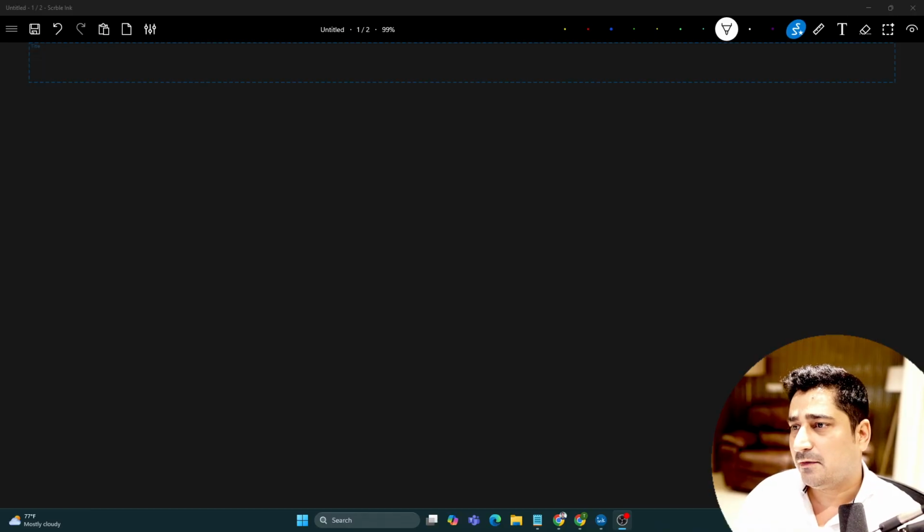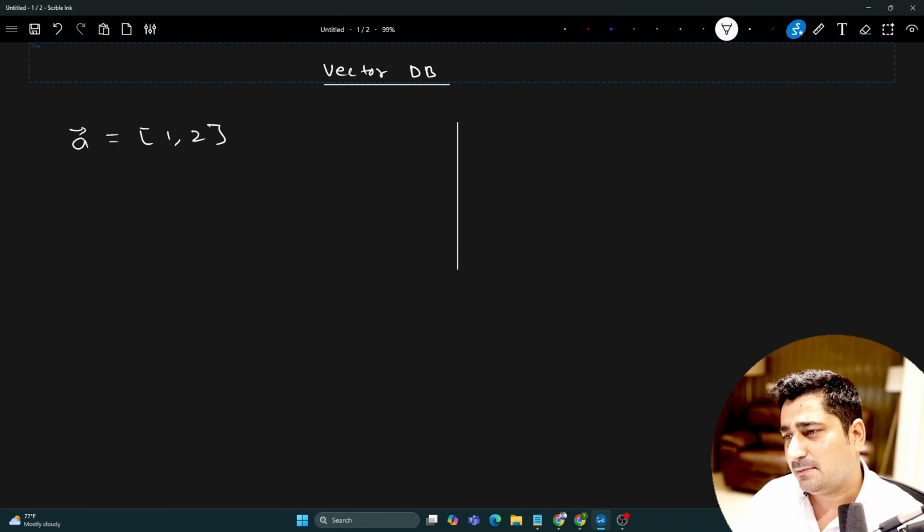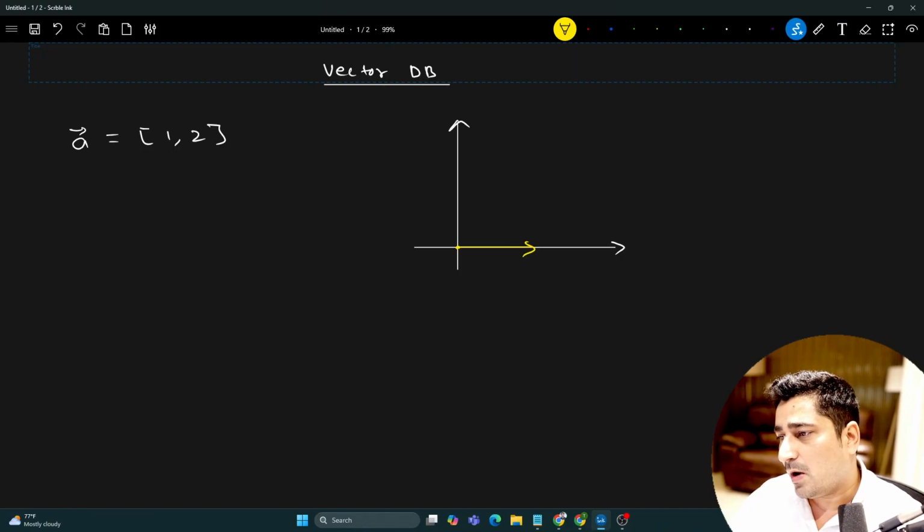Here we are going to talk about the vector database. Now, what is a vector, by the way? Let's suppose I am writing 1 comma 2. I am simply saying that there is an entity, and that entity has 1 along the x-axis, magnitude wise, and 2 along the y-axis.